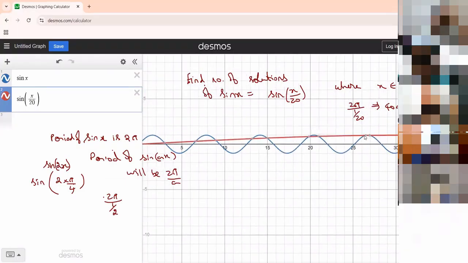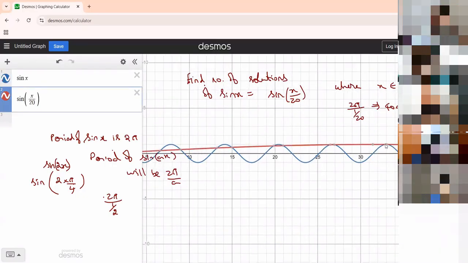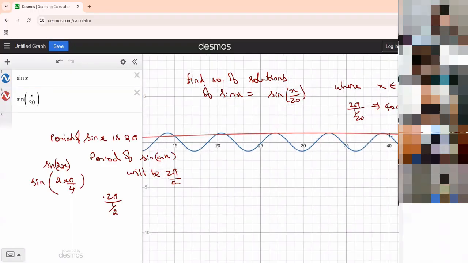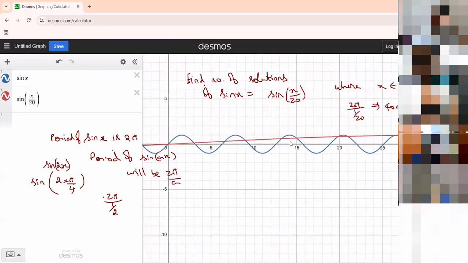On the top, how many half cycles are there? They will keep creating 2 intersections, except at the point where it attains its maximum. Are you able to understand, people, what's happening? Yes, sir. So between 0 to 40 pi, think about your sin x graph.